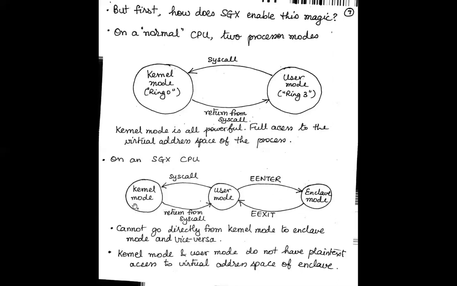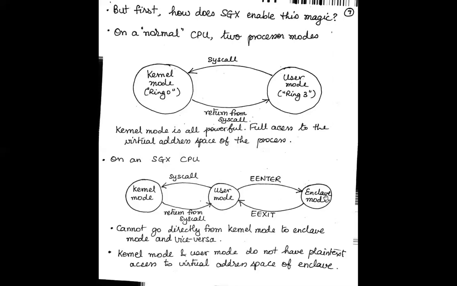You have a kernel mode, you have the user mode, and you also have a so-called enclave mode of execution. The user mode to kernel mode transitions are as in this diagram. User mode goes to the kernel mode via syscall, and return from syscall from the kernel mode gives control back to user mode.